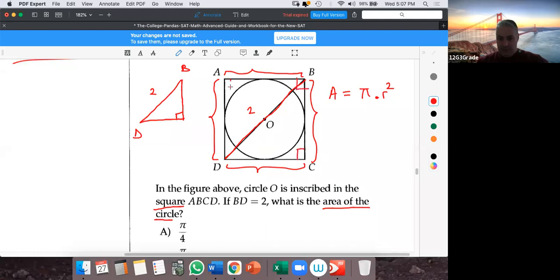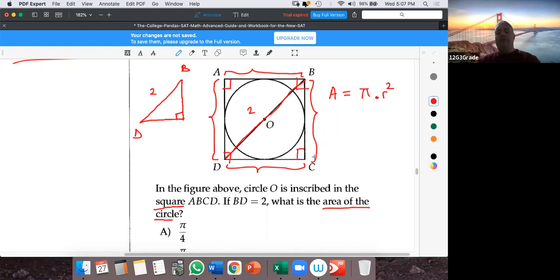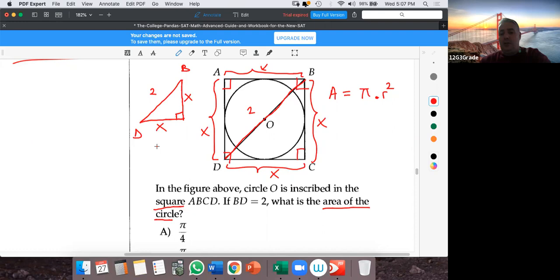Yes, you can say, since this is a square. And then for the square, do we know that all the sides must be equal to each other? I mean, if I call this x, for example, this is x, this is x, this is x. Yes, sir. It should be x, this is also x. Is this true? Yes, sir. So can I calculate the x?